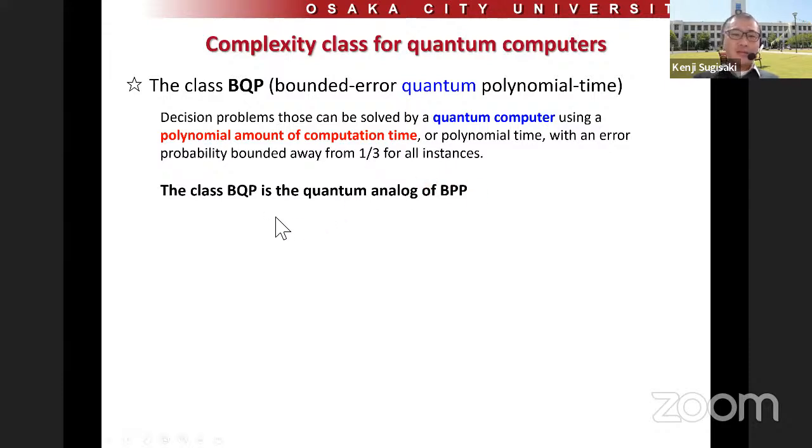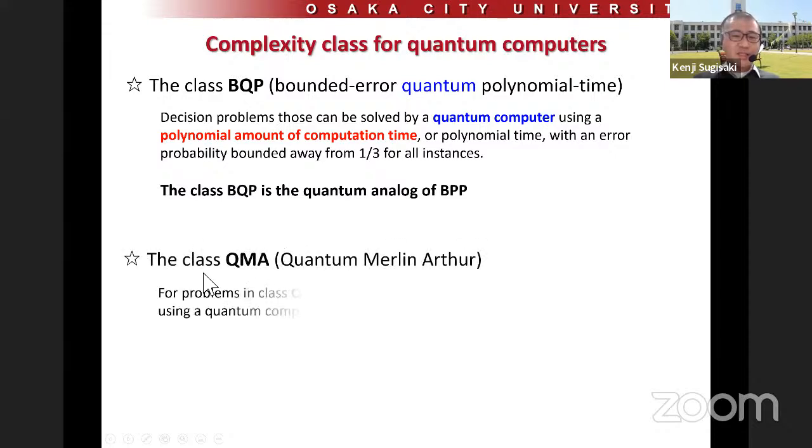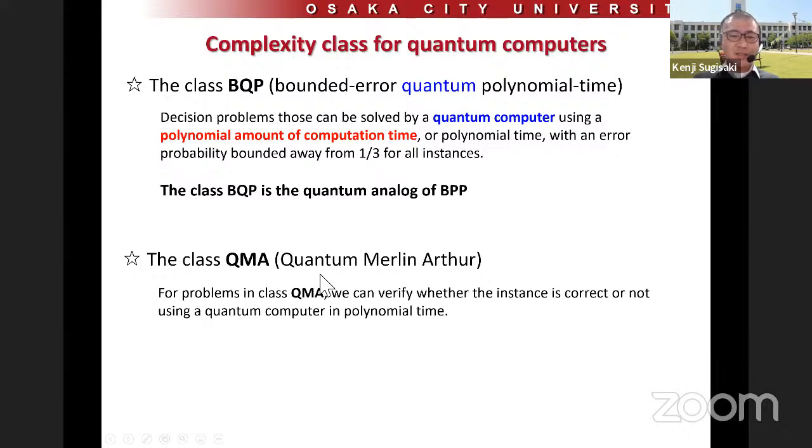And also, I would like to introduce another important computational class for quantum computers, the class QMA, quantum Merlin-Arthur. For a problem in class QMA, we can verify whether the instance is correct or not using a quantum computer in polynomial time.